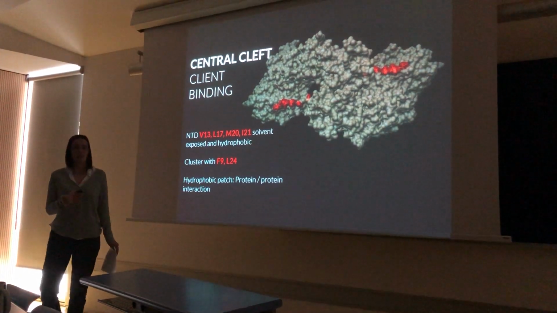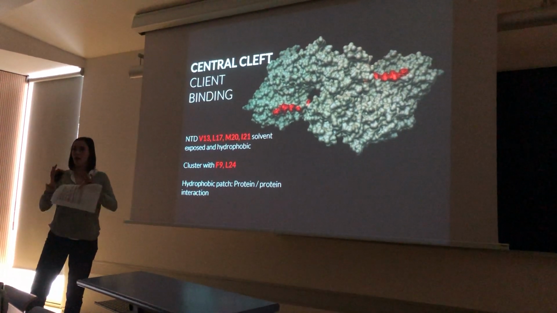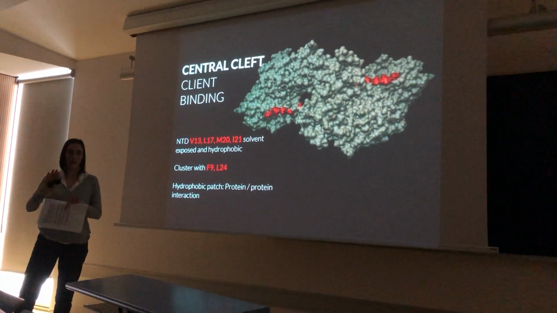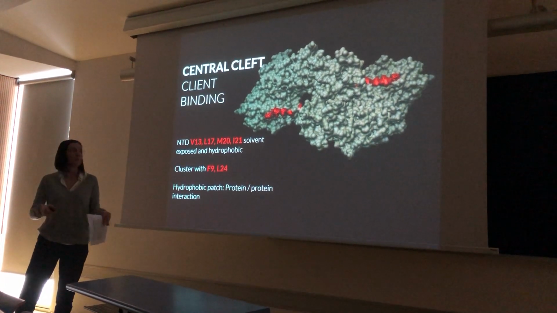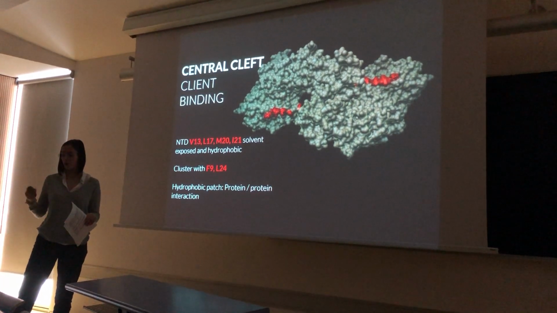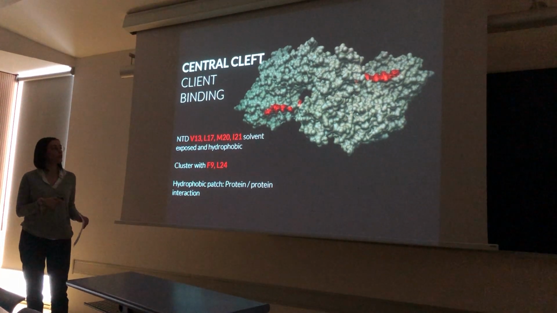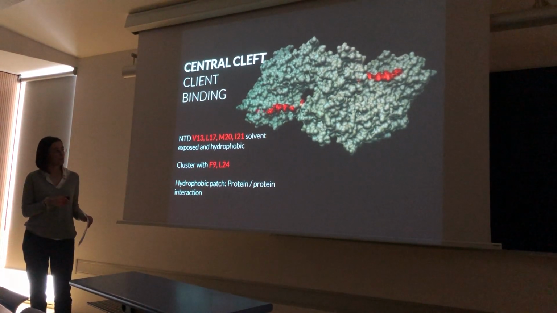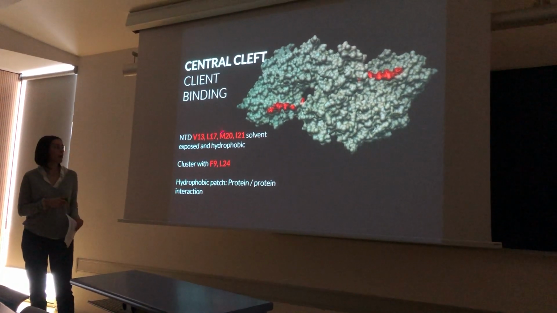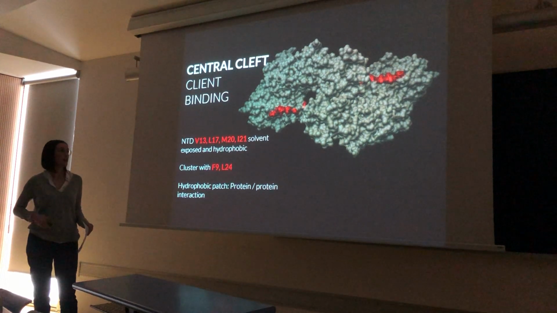And this is the central cleft. So the central cleft would be the part of this chaperone where the client protein will be bound. And it's created by certain parts of each domain of the structure. So we will have the N-terminal domain creating this hydrophobic cleft, which will be formed by these amino acids clustering with these other amino acids.